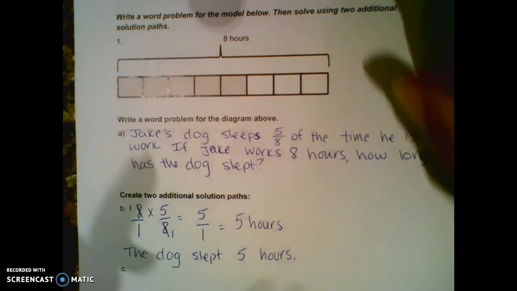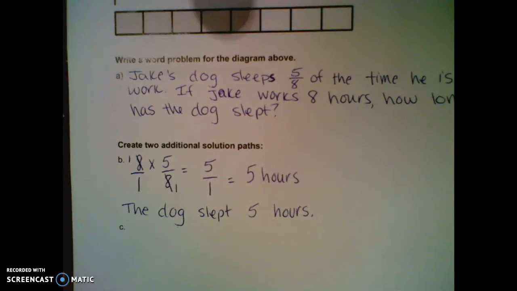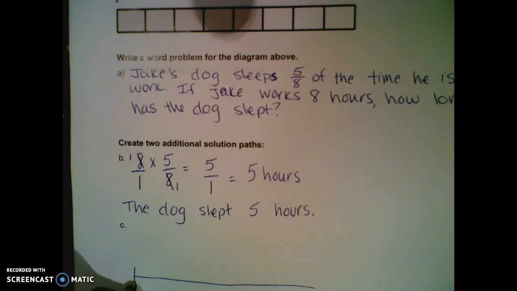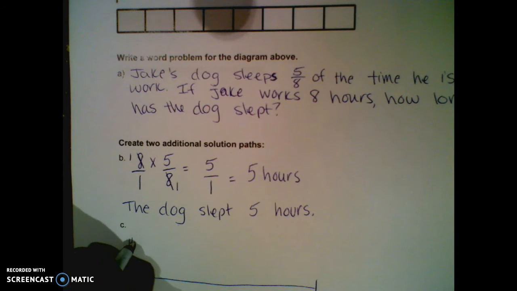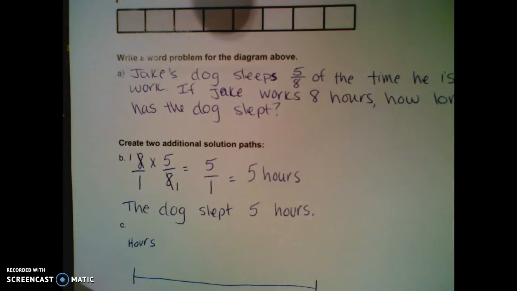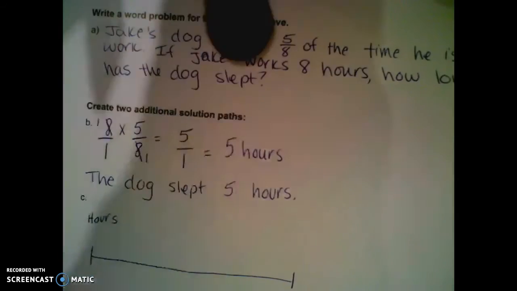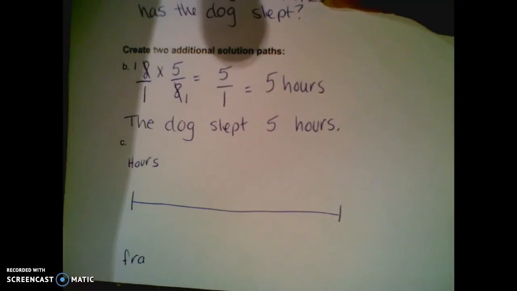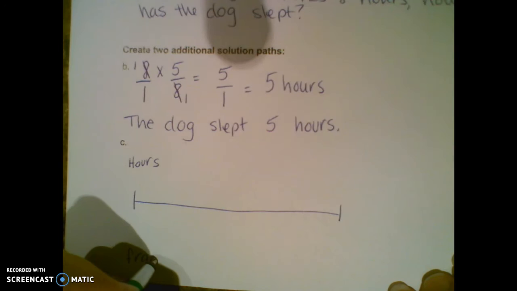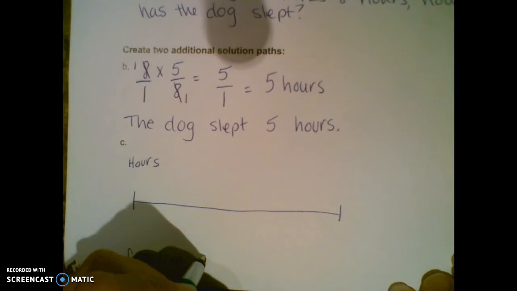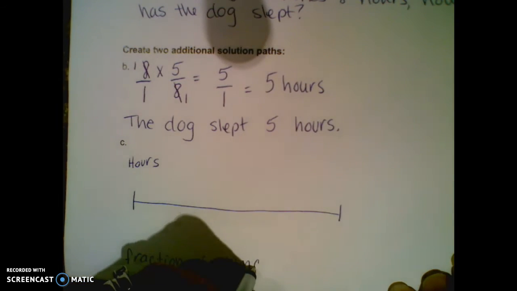Another way you could do it is think of it as a timeline, because we're dealing with time. If this is a timeline, I'm going to have 2 different things. Up here, I'm going to put hours, and down here is the fraction of time.